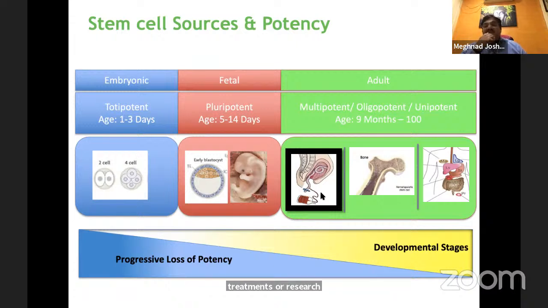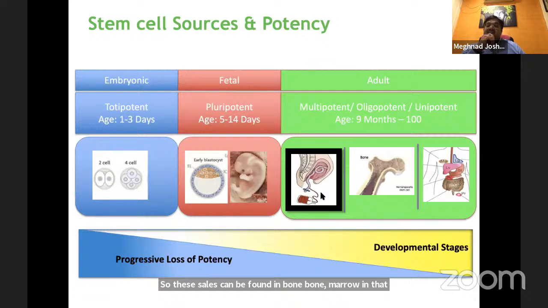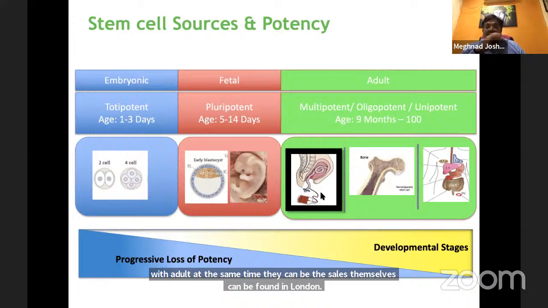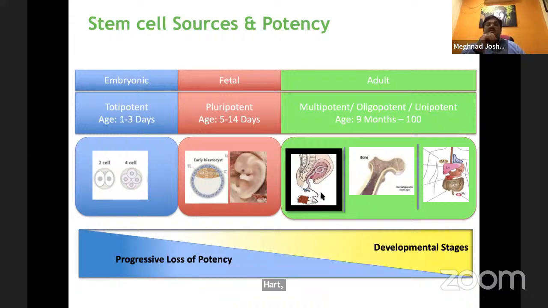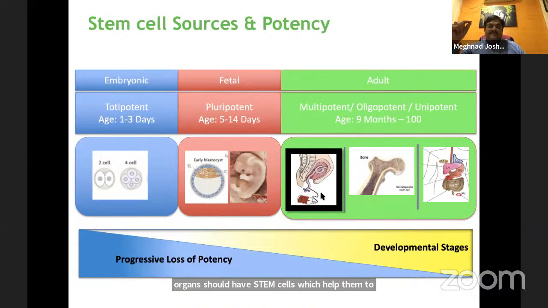These cells can be found in bone marrow in adults. At the same time, stem cells can be found in lung, heart, liver, kidney. So all the living organs should have stem cells which help them recover from damage.